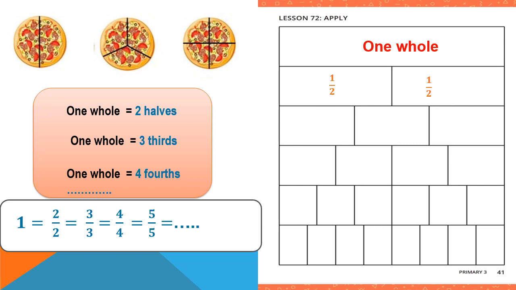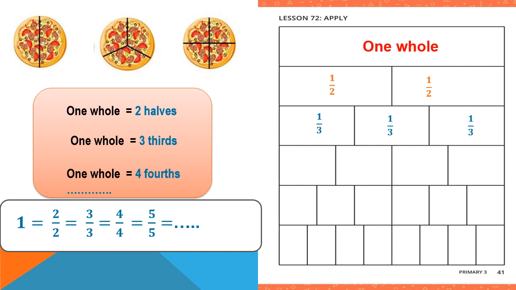This bar is divided into three equal parts. 1, 2, 3. So each part is called a third. 1 over 3. Third, third, third. So the one whole contains 3/3.